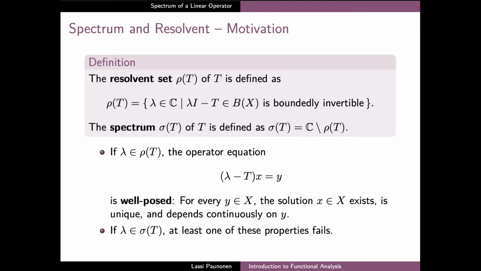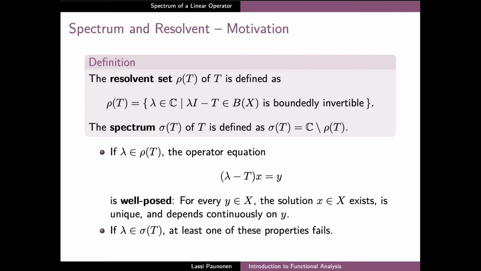As in the case of eigenvalues and eigenvectors of a matrix, the spectrum of an operator will often tell us a lot about the properties of the operator itself. Before going very deep into such results, we can also note that the resolvent set of T consists of precisely those points lambda for which the operator equation shown here has a well-defined and unique solution for all right-hand side vectors y.